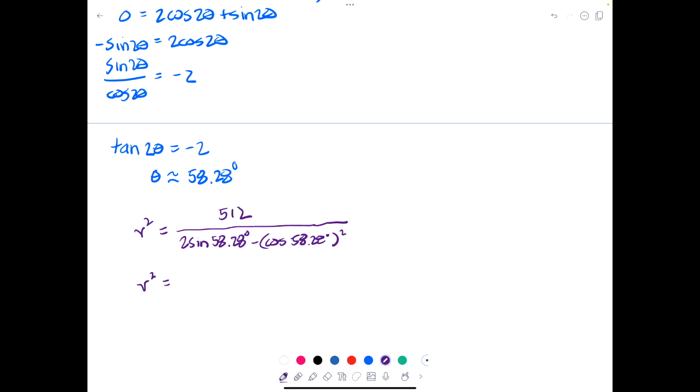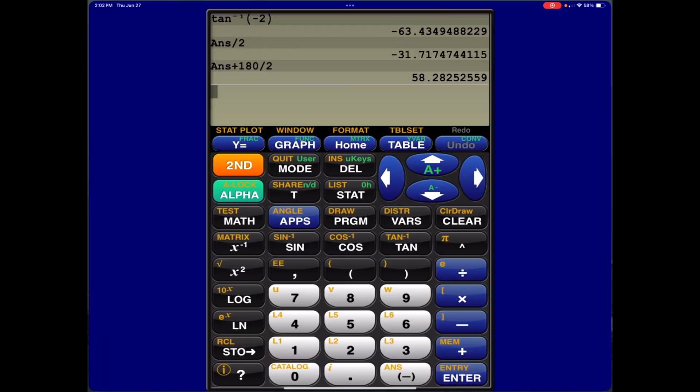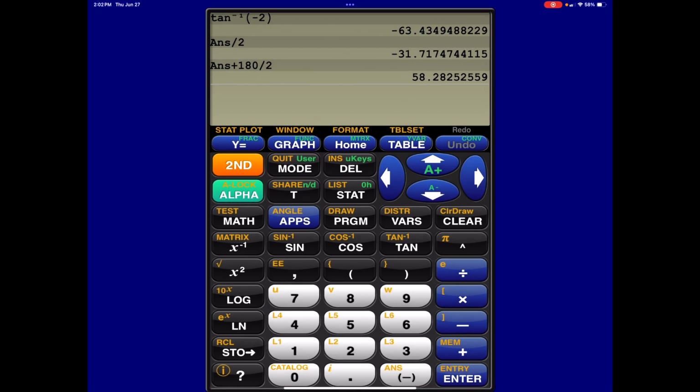So v squared, go back to the calculator, is going to be 512 divided by the quantity 2 times sine 58.28 times cosine 58.28, in parentheses, and then minus cosine 58.28.